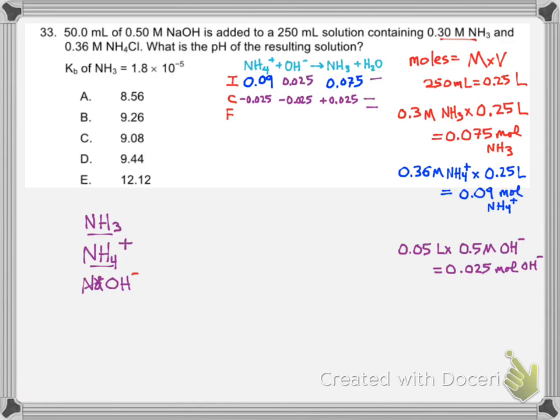And that's going to leave us with 0.065 of that, 0 of that, we used up all of our hydroxide, and 0.10 mole of that. Wait a minute! That, the weak acid, its conjugate weak base. Ah! We have ourselves a buffer!